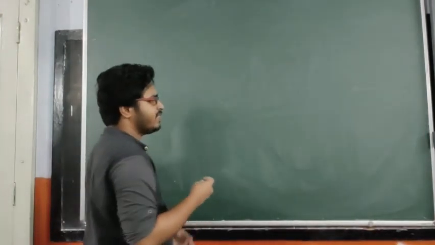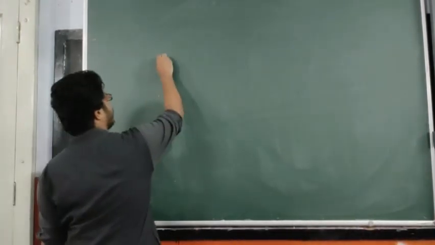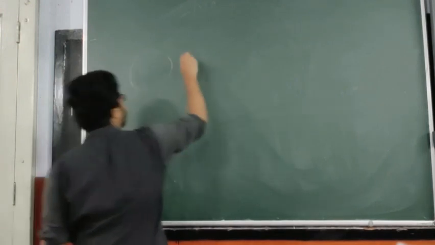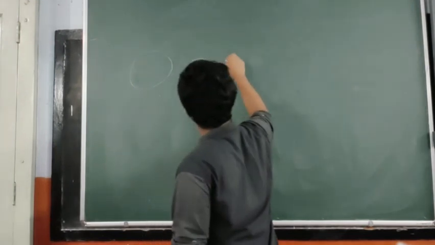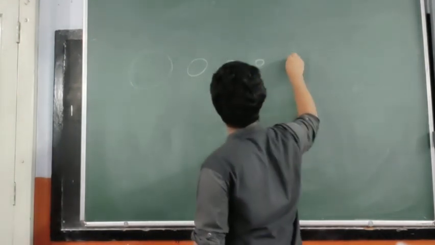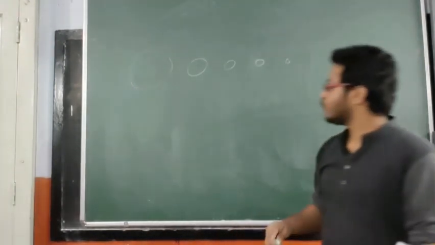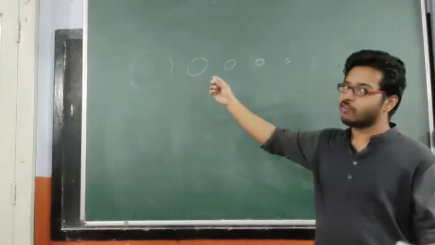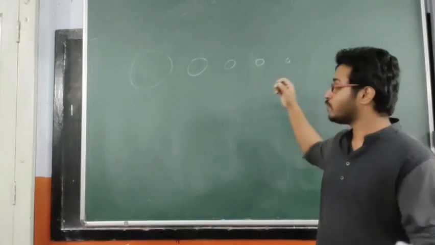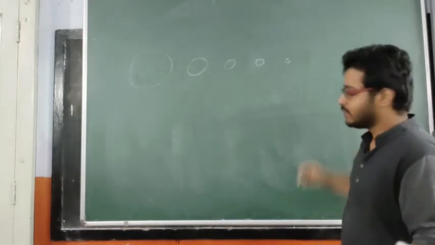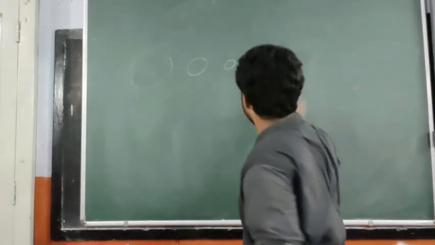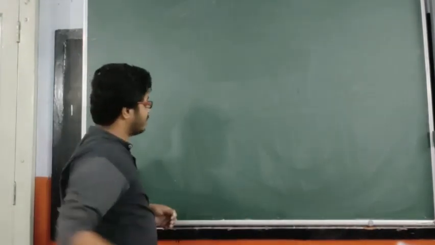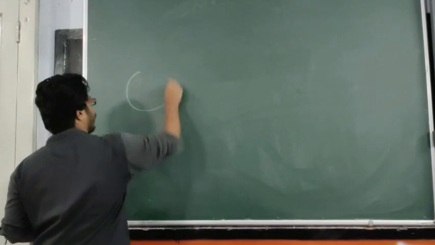As you remember, if you are moving from left to right in a periodic table, the size of the atom is supposed to be decreasing. Suppose this is oxygen.